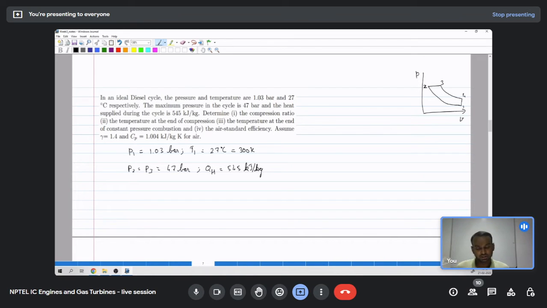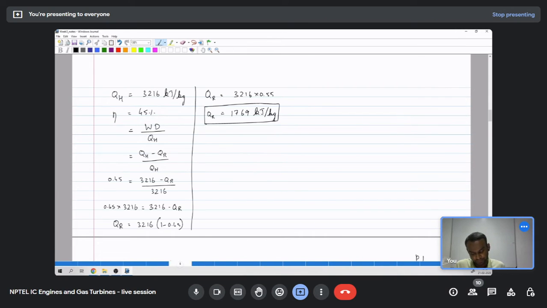So to calculate the compression ratio, we can make use of the relation between volume and the pressure during adiabatic process.